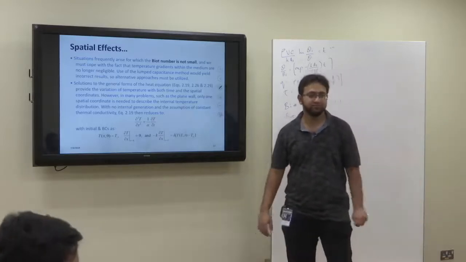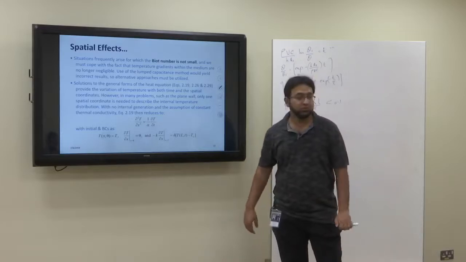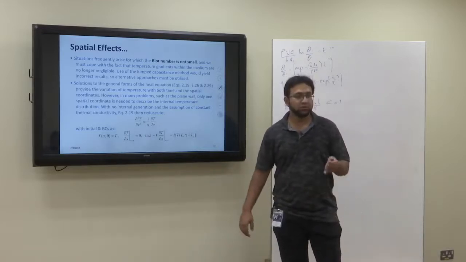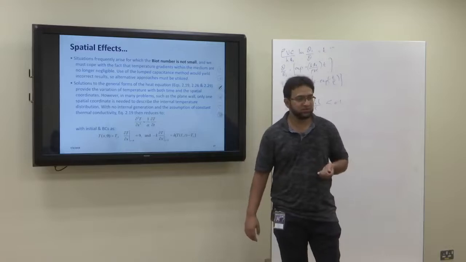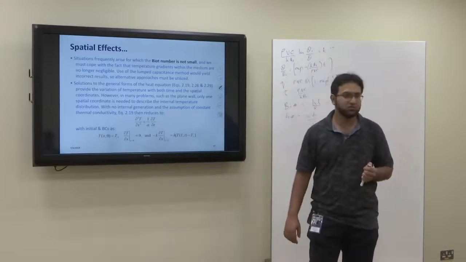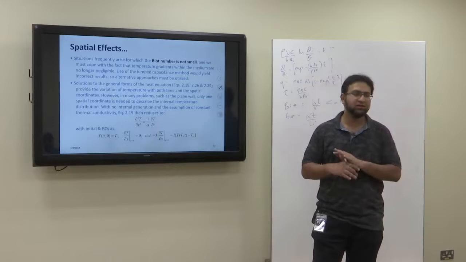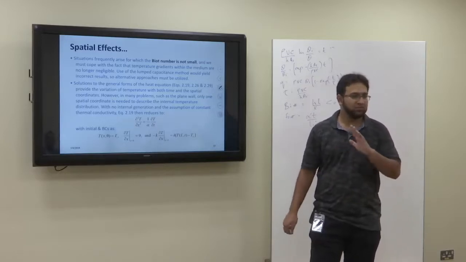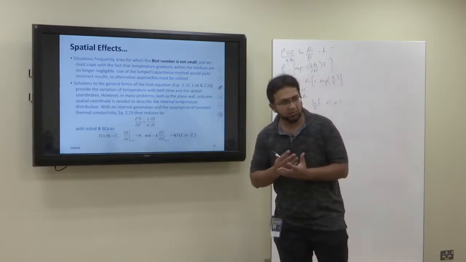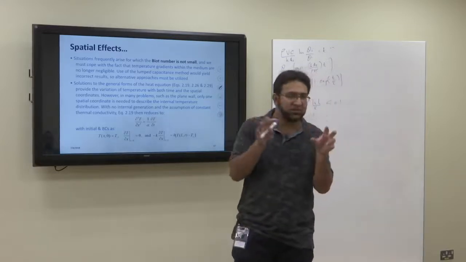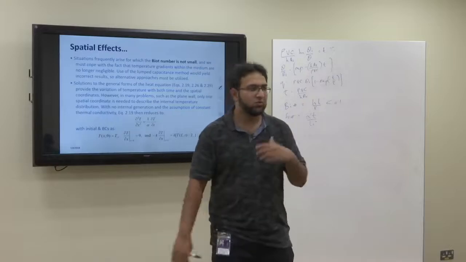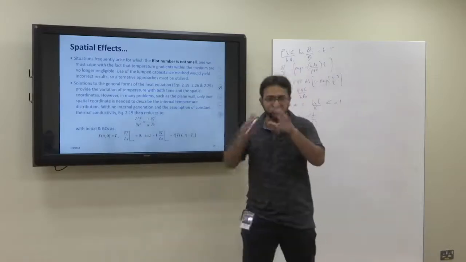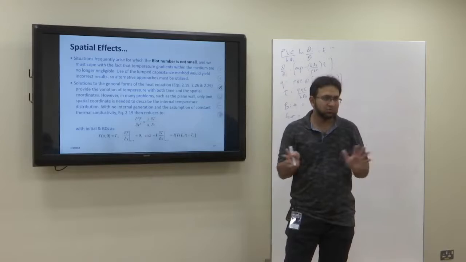Okay. Let's move towards the next case. So we're talking about the transient conduction case, and initially we solved the problem using an approximation which made our life easy. The approximation was that the material behaves like a lump and there are no temperature gradients within the material. So in the space of the material there is no temperature gradient.